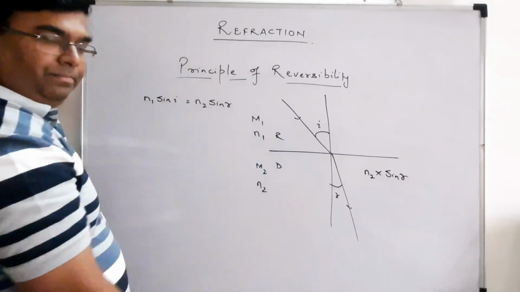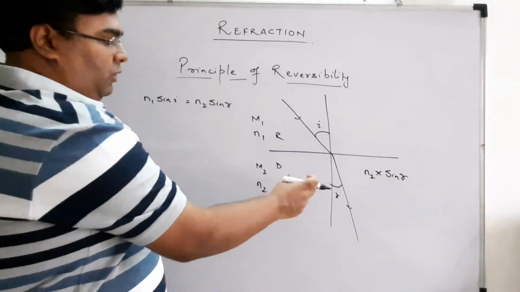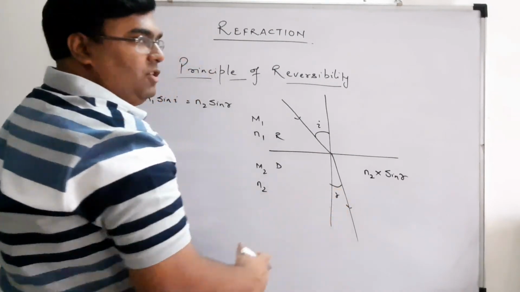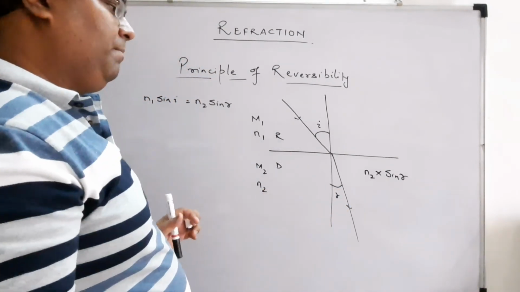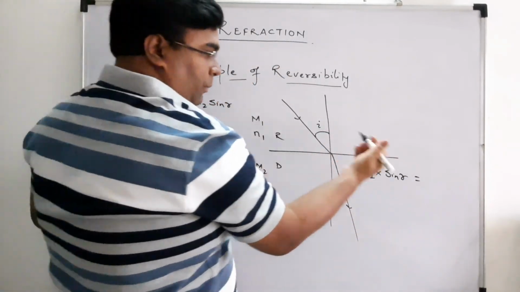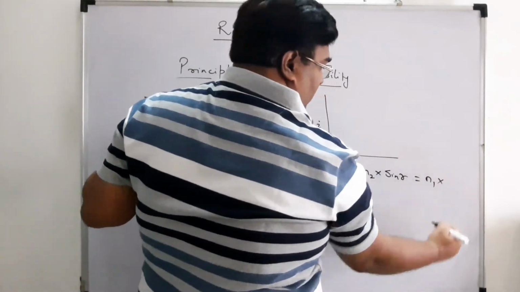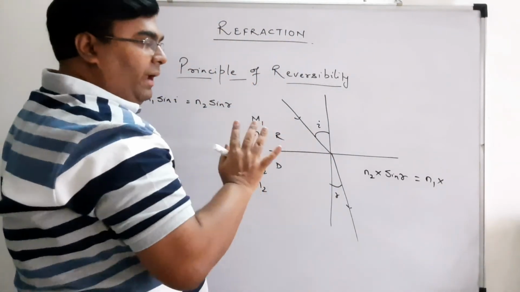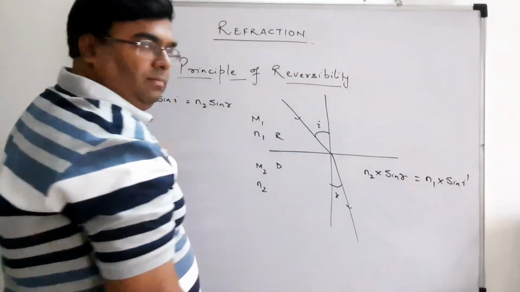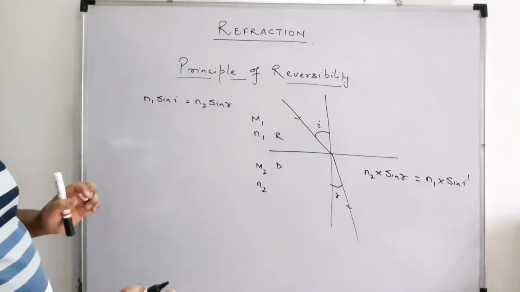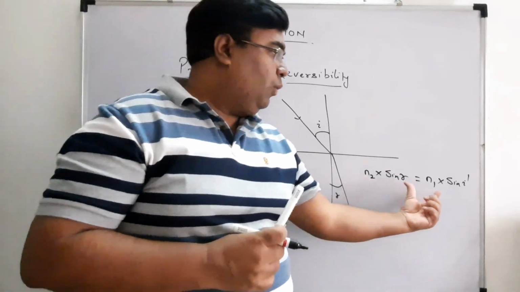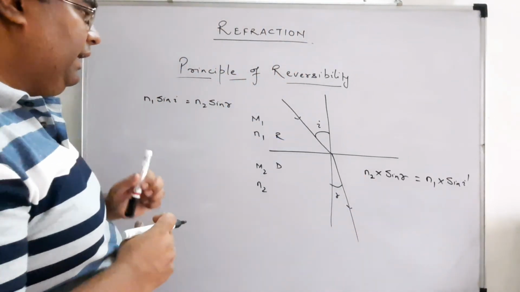into sin R, the product of the refractive index of this medium into the sine of the angle it makes in that medium, is equal to, again, the product of N1 multiplied by, suppose this angle is not I, let us say I dash, or any other angle you can write. So N2 sin R will give N1 sin I dash.